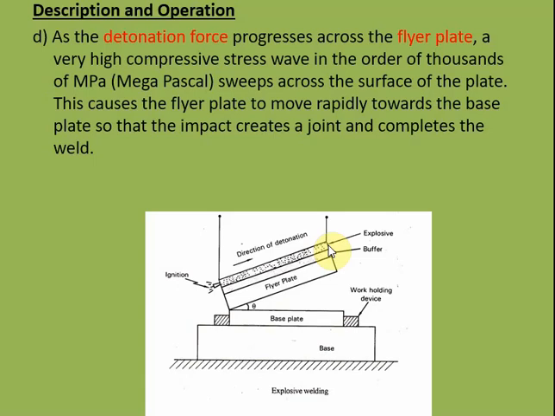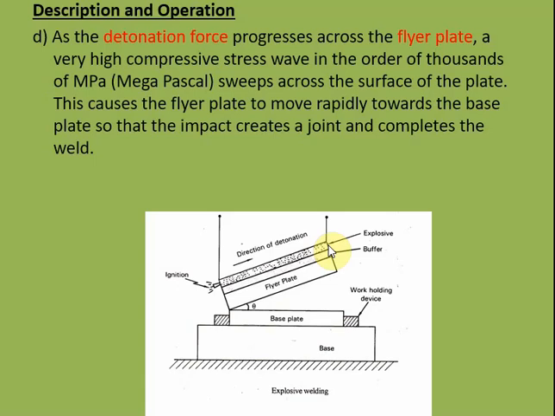As the detonation progresses across the flyer layer, it will impinge a very high compressive stress wave. Usually it will be in thousands of megapascal, and it sweeps across the surface of the plate.